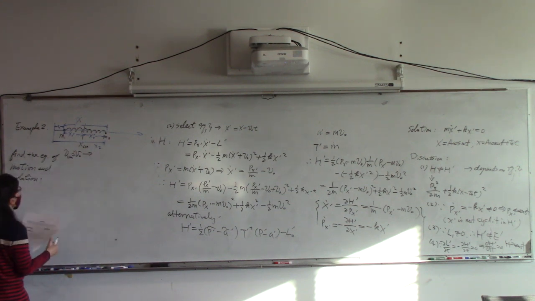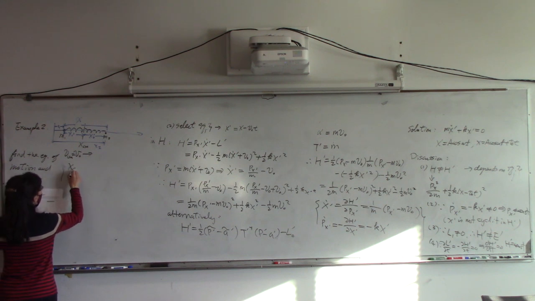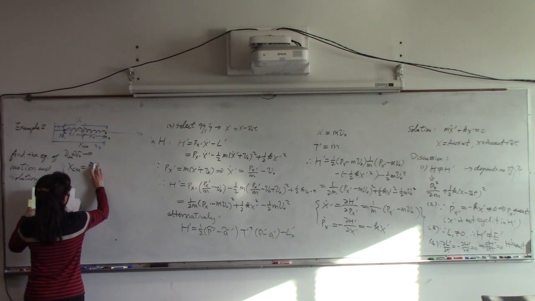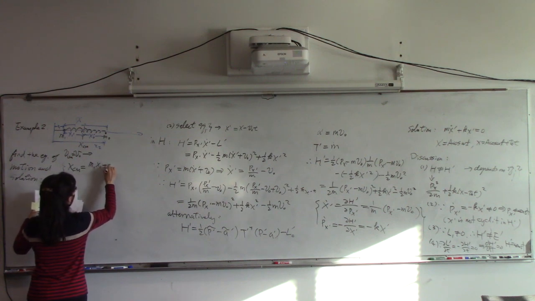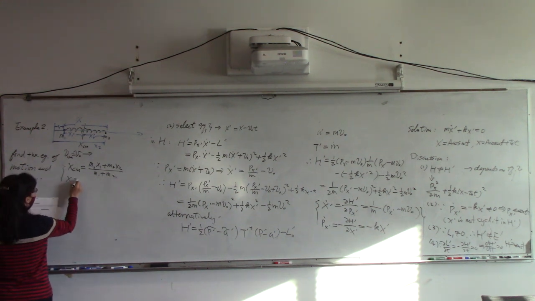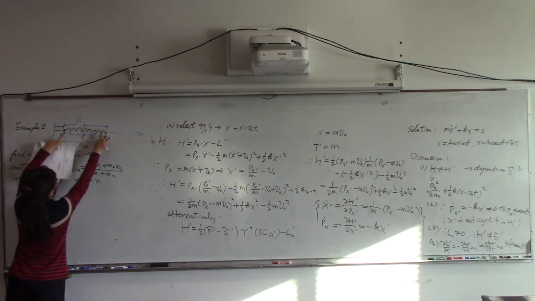So now let's first define the relation here. The center of mass, by definition, is M1 X1 plus M2 X2 divided by the total mass, right? That is the center of mass. And the relative position is X2 minus X1, so that is X. That is defined.